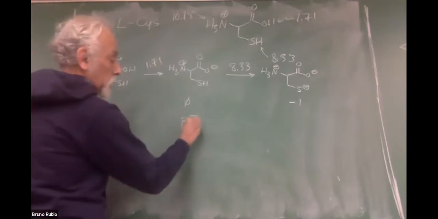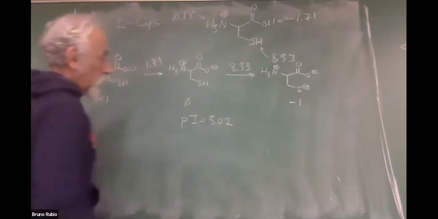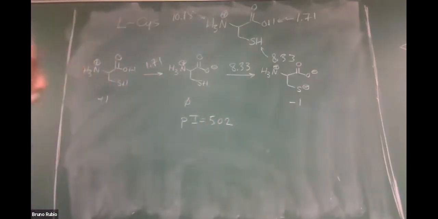So let's see, 1.71, I'm just plugging these into my calculator here, 8.33. Oh, come on. I'm getting 5.02 for the isoelectric pH.